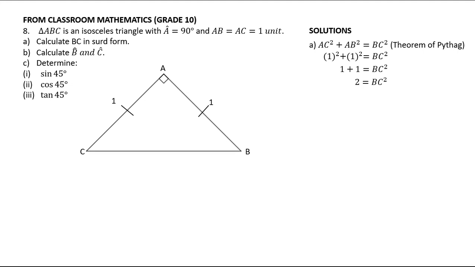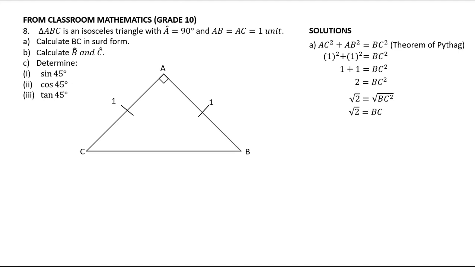So you simply square root both sides, which is simply you multiplying the exponents by a half. And obviously, you'll end up having the square root of 2 on the left-hand side and the square root of BC squared on the right-hand side. The square root and the exponent of 2 on the right-hand side will cancel out, giving you BC being equal to the square root of 2.